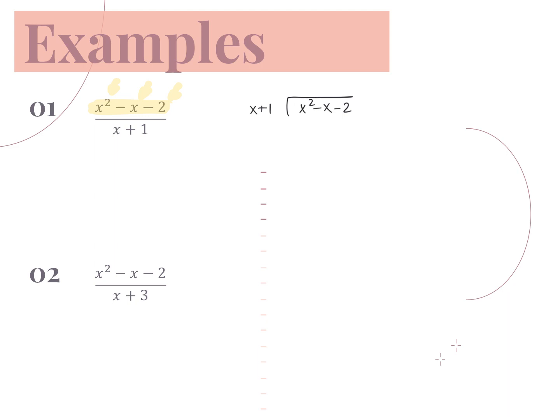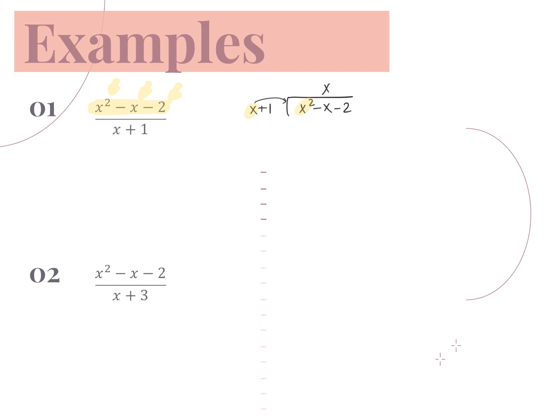So how I'm going to start is I'm going to look at the first term in the dividend, and I'm going to look at the first term in that divisor. And I'm going to divide x squared by x. Or I can think of it as multiplication: x times what equals x squared, right? So you're like, okay, it's x.